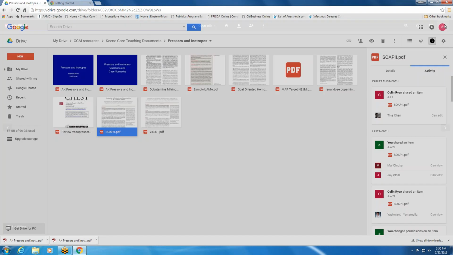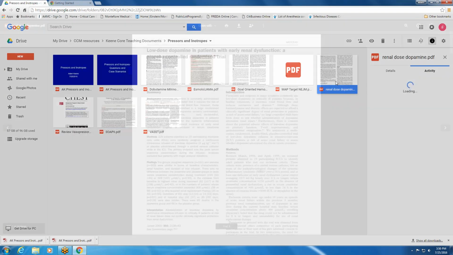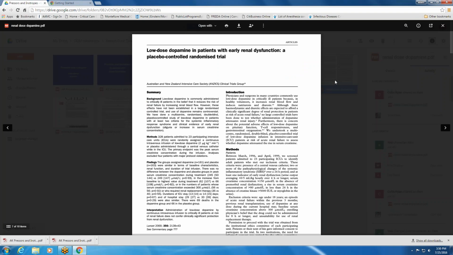The only other thing about dopamine, there was always this idea, and I did include this one of many trials looking at renal dose dopamine. I probably will not include this next year because I've stopped hearing surgeons request renal dose dopamine finally. There was always this idea that because at low doses dopamine increases renal blood flow, dopamine might be nephroprotective in shock states.